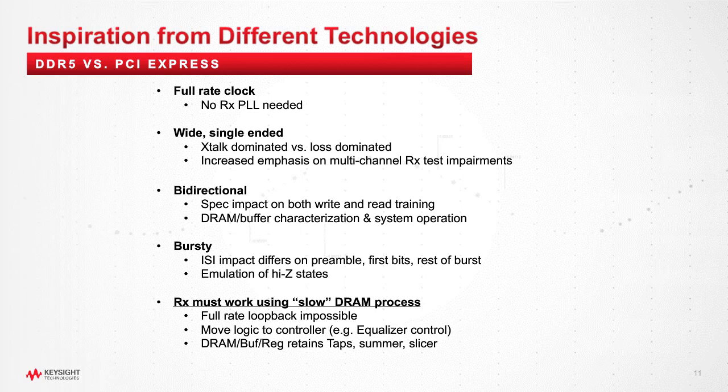DDR is a multi-drop bus, so there's really no theoretically perfect termination that can be provided because it's bidirectional. And so you've got things like ODT, which means that amplitudes will change between reads and writes depending upon where you're looking at it. Those things don't happen in a high-speed serial.